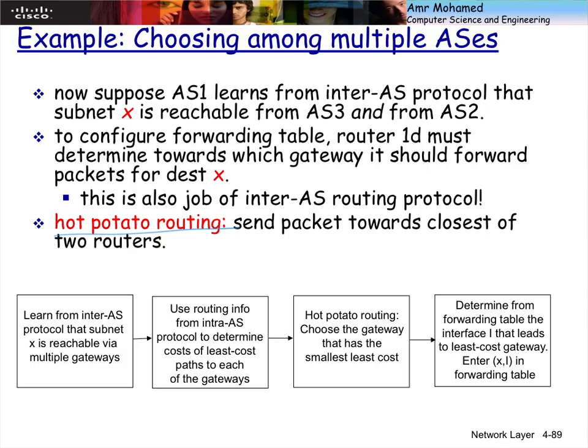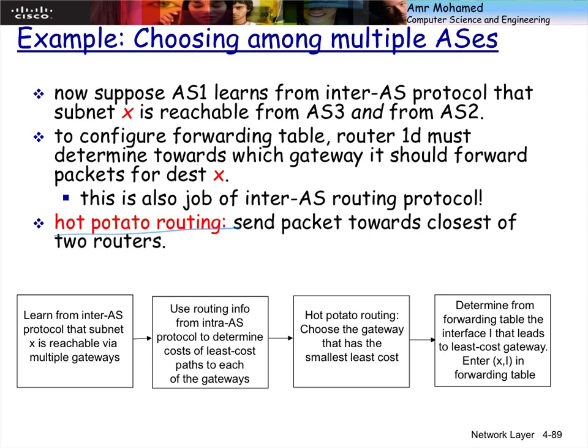So which one should you go to? Because it's a hot potato, you will send it to the one with the shortest path. But that's conditional on there being no policy that restricts the traffic to X to go through a specific autonomous system. That has to be clear.